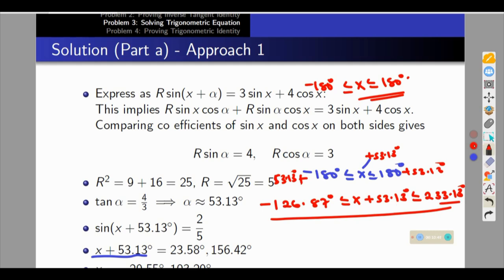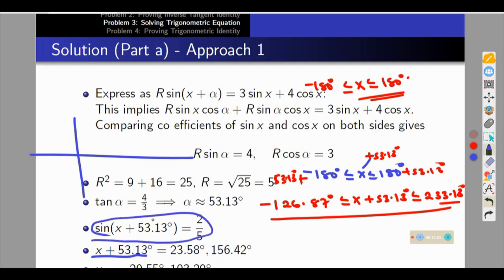So how do we achieve that? If you draw your quadrants, you need to allocate this value here, which is 23.58, in the quadrants where sine is positive. When we look at this, sine is positive in the first quadrant and the second quadrant.